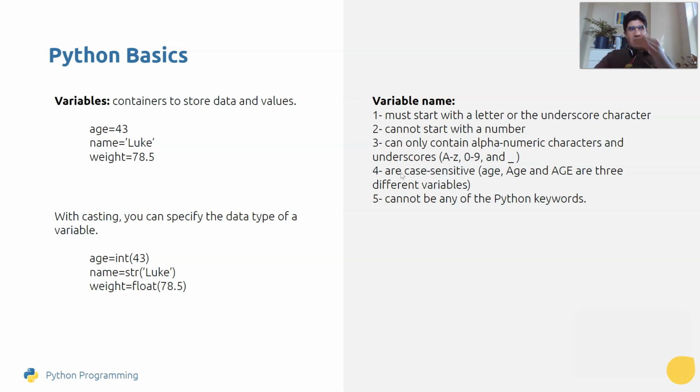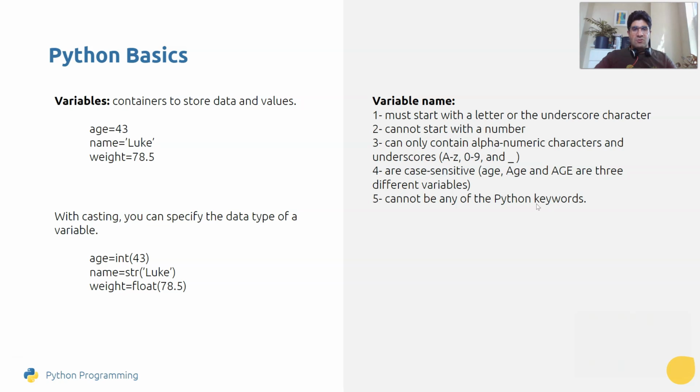Variable names or identifiers are case sensitive in Python. So for example, age with all small case, age with capital A, and age with all capital characters are three different variables.